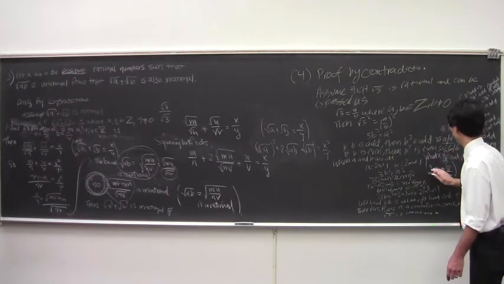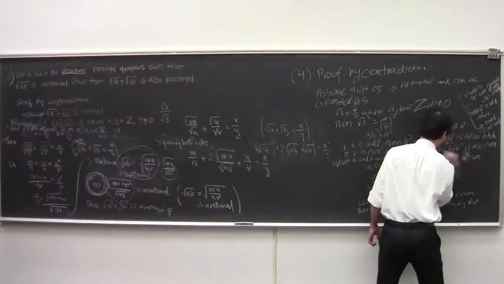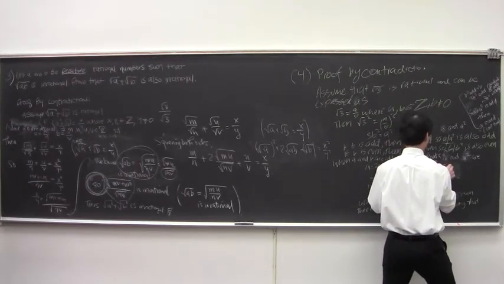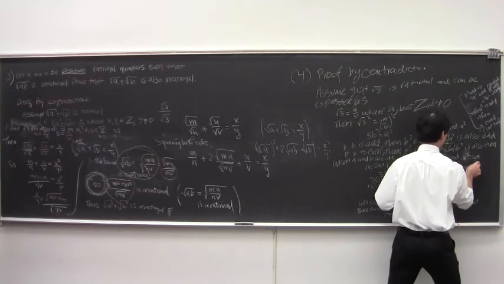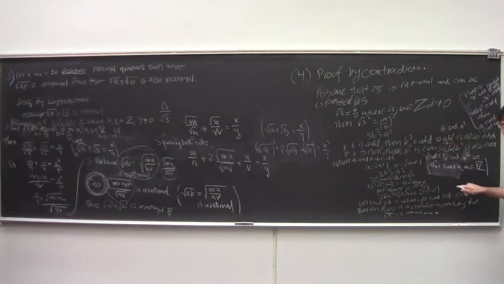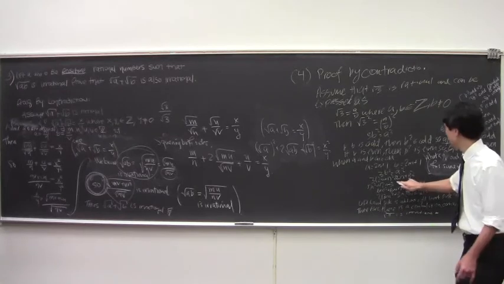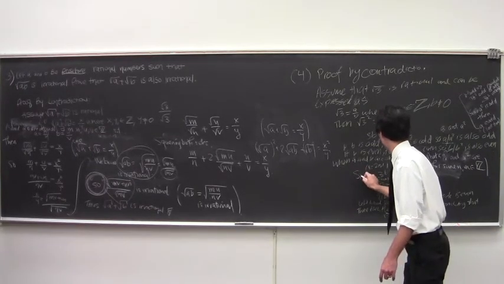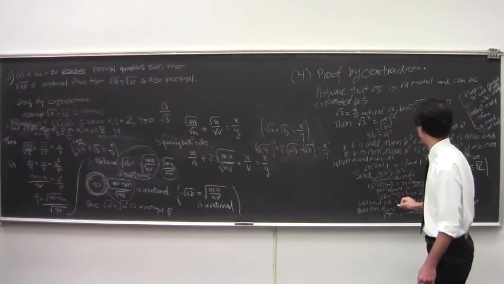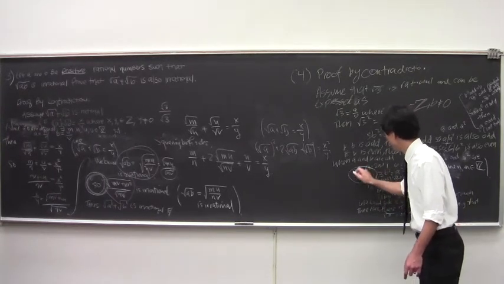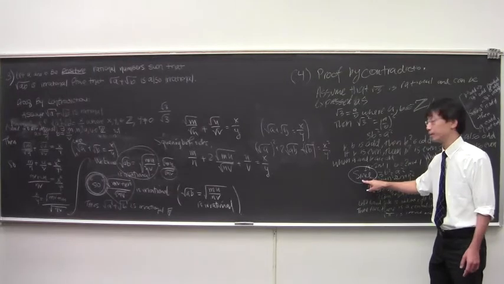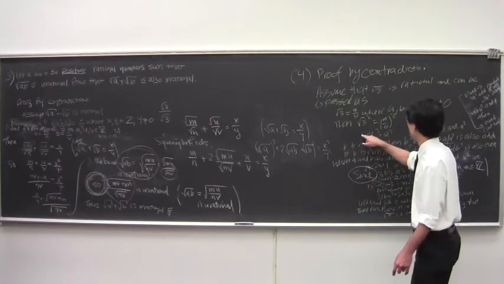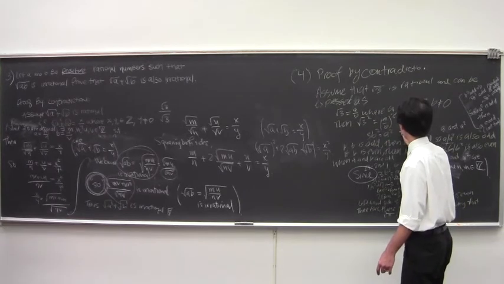Properly you say a equals 2n plus 1, b equals 2m plus 1 for some n and m in Z, since... So include this sort of word. Don't just jump to this formula.